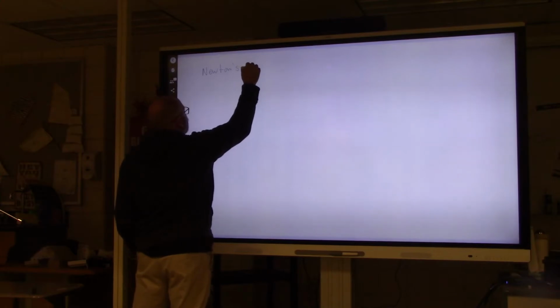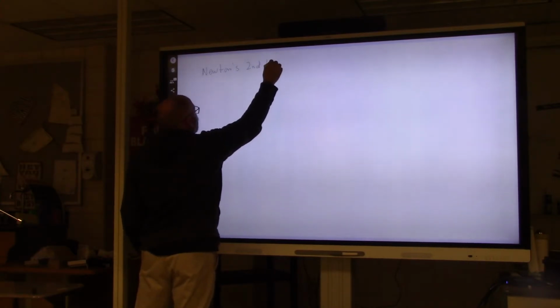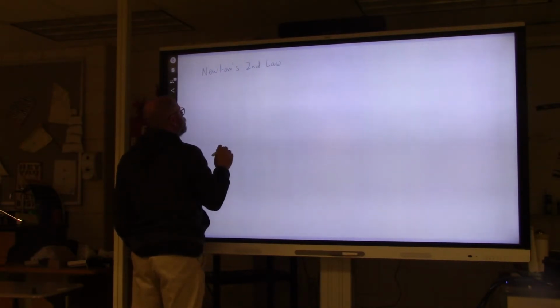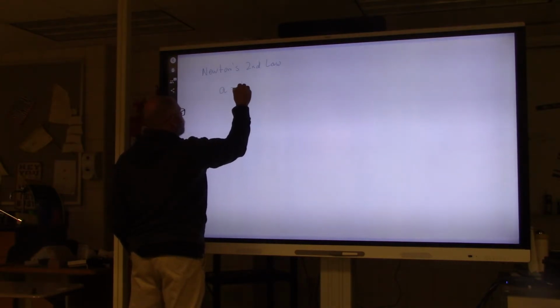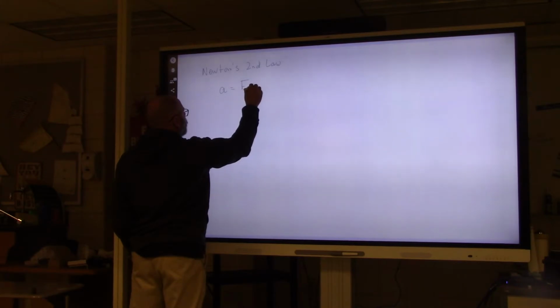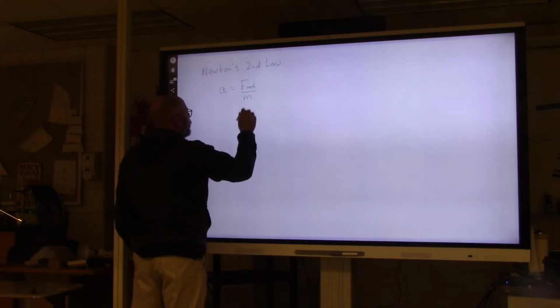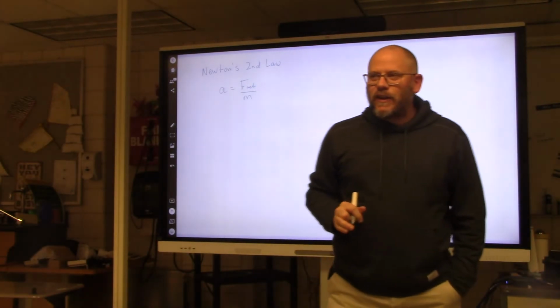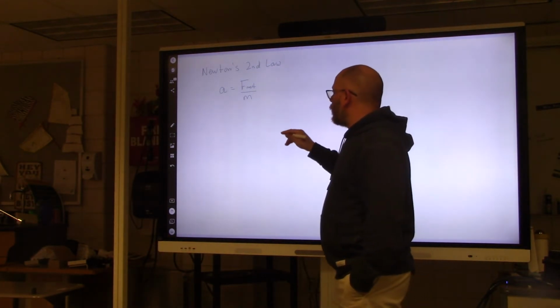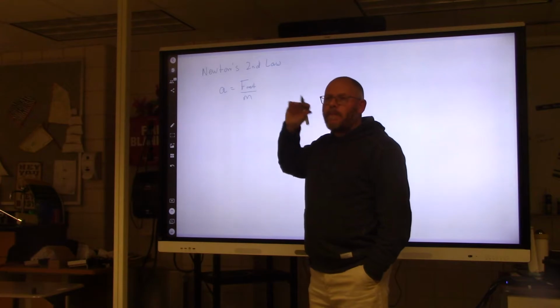We're taking a test about Newton's laws, and I haven't memorized them. On one of my tests I wrote acceleration equals force times mass. Newton's second law tells you that the acceleration is equal to the unbalanced force.